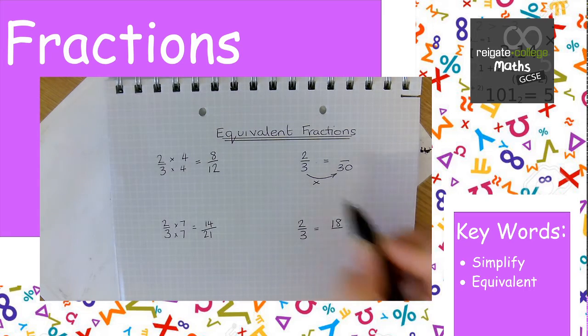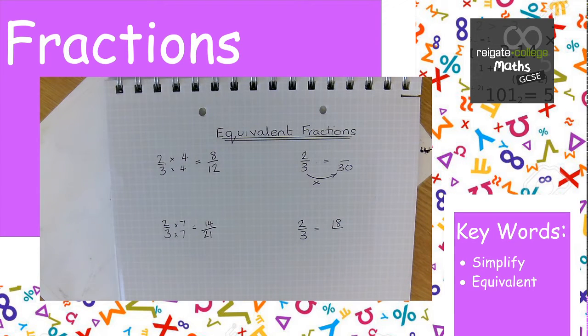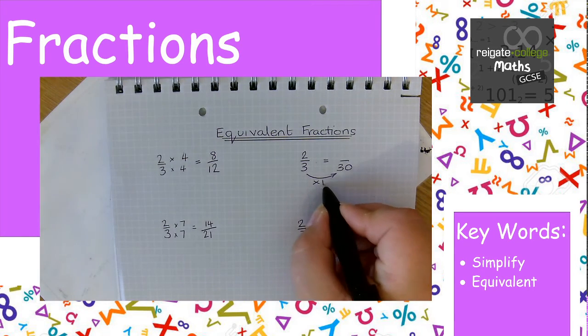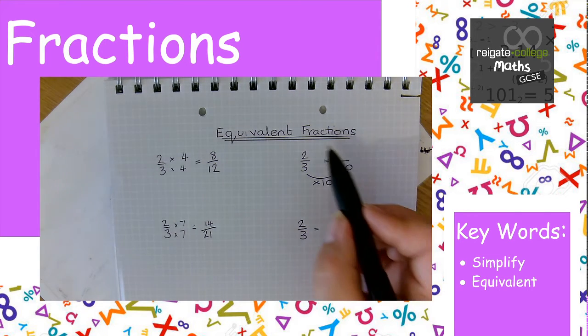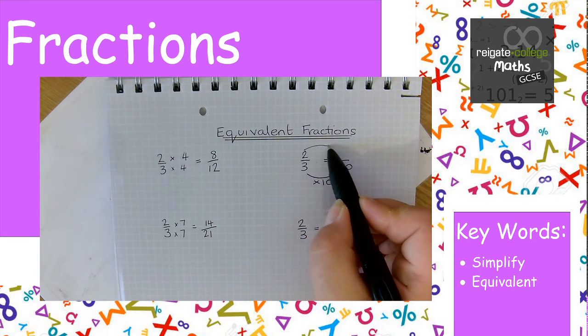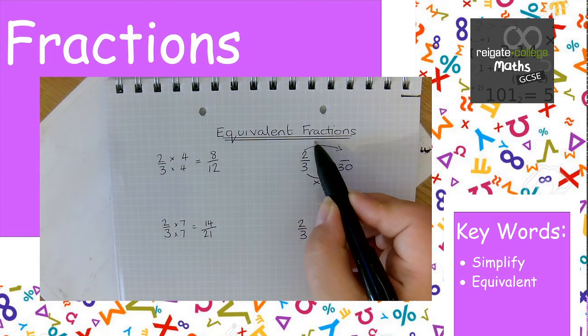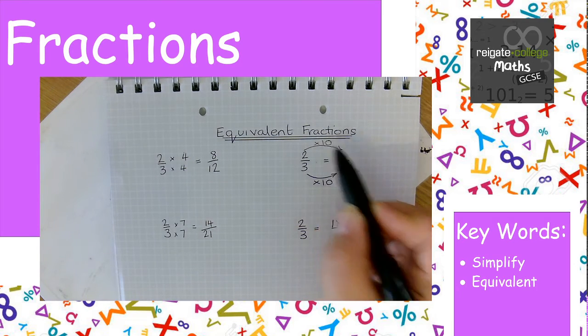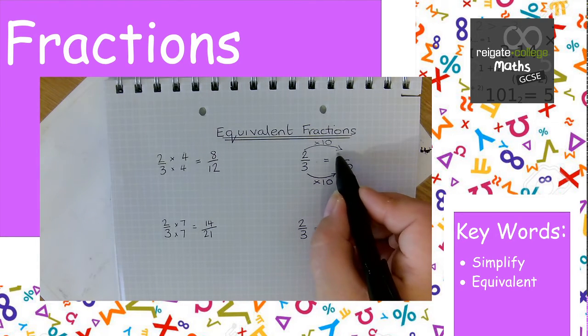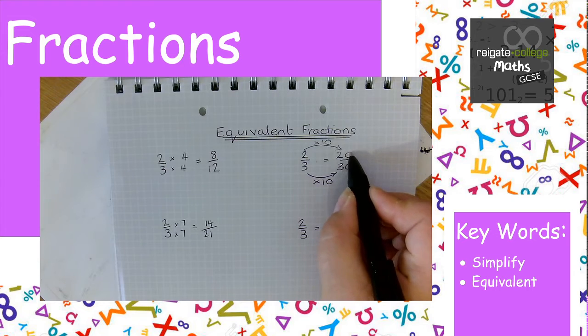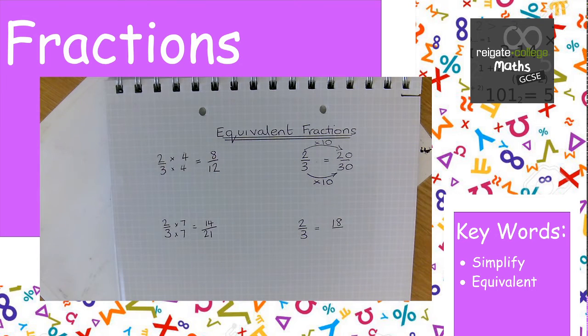What did I multiply 3 by to make 30? 10 times 3 makes 30. So if I've multiplied the bottom, I must do the same to the top, multiply by 10. If my denominator is going to change to 30, my numerator must change to 20. 20 over 30 is an equivalent fraction to 2/3.